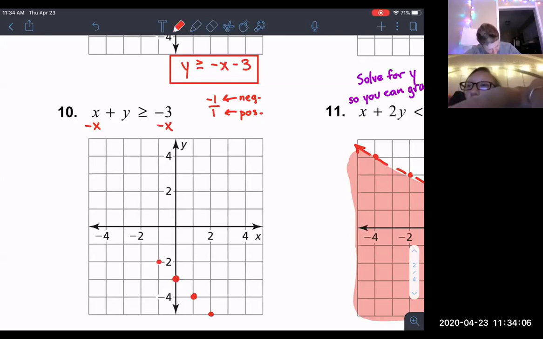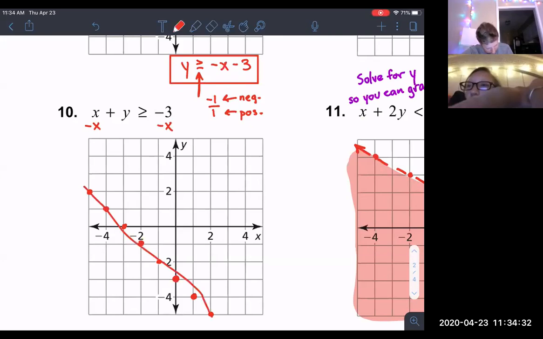Okay, that makes sense. Yeah, so this is where our boundary line would be going. And then you just have to tack on the 2 new rules that we learned about, like do we shade above or below, and do we use a dotted or solid line? That all has to do with this sign right here. So you tell me, how would you finish this off? It would be a solid line.